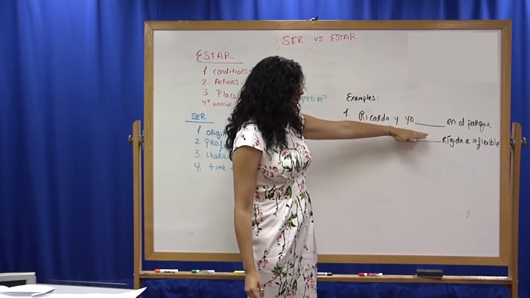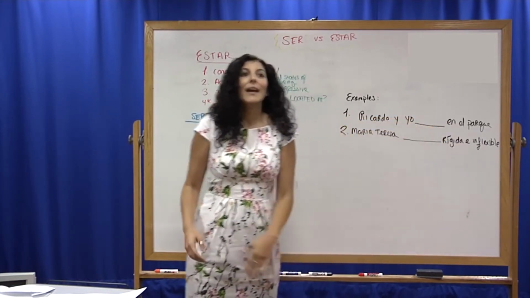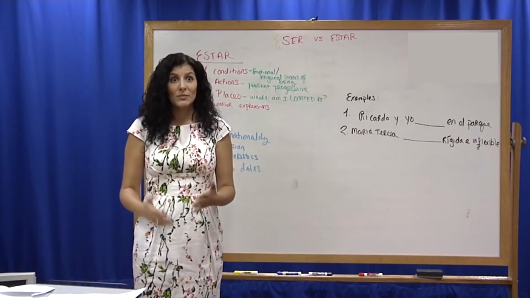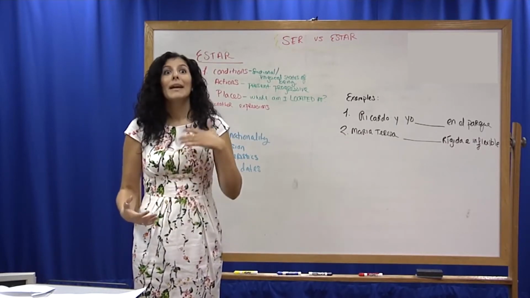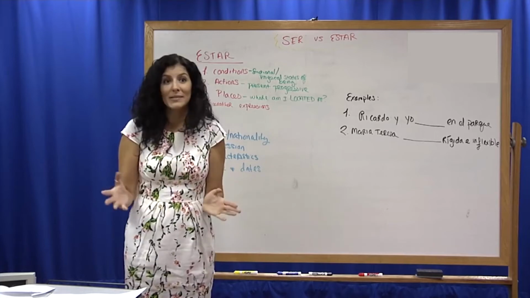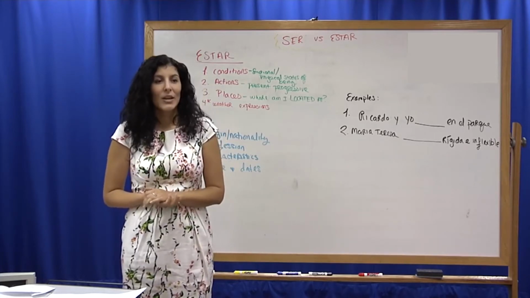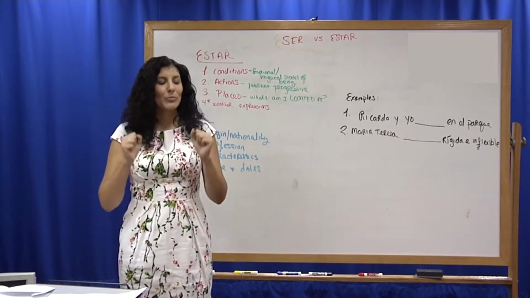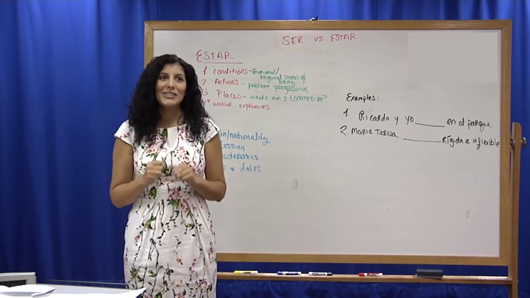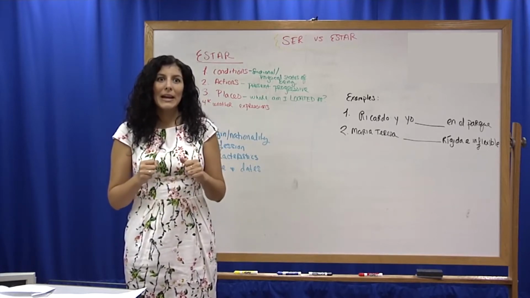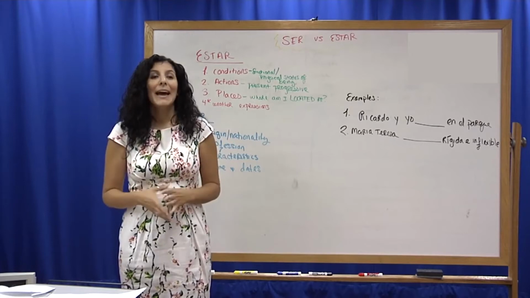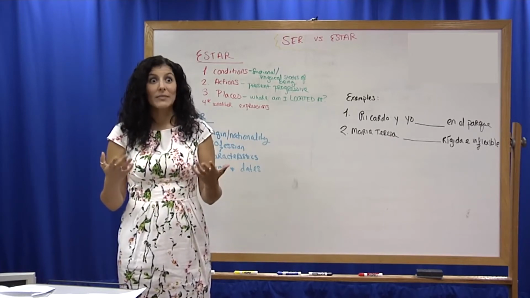Ricardo y yo en el parque. I know that I am either going to use ser or estar. Those are my two possibilities with that sentence. So I think to myself, okay, Professor Macbeth said I need to start with figuring out if it's estar first, and then if it's not, I know by default that it's going to be ser.